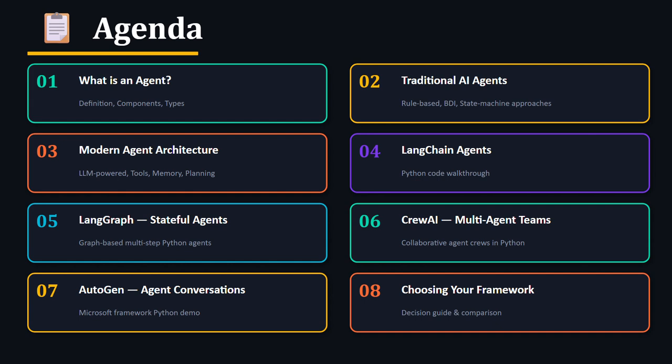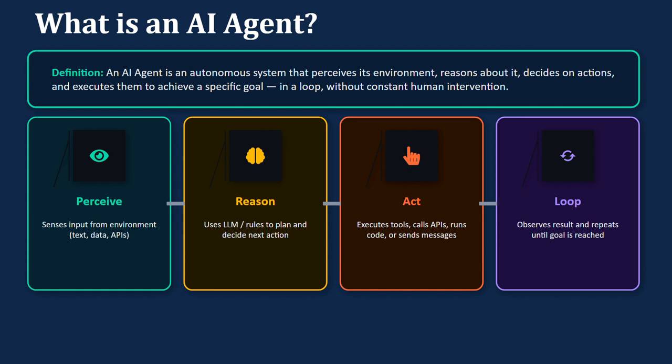Make sure you stick around until the end, because we are showing very interesting agent creations with Python code also. We will break down exactly how to choose the right framework for your specific project and look at a full production-ready implementation. Now, what is an AI agent?